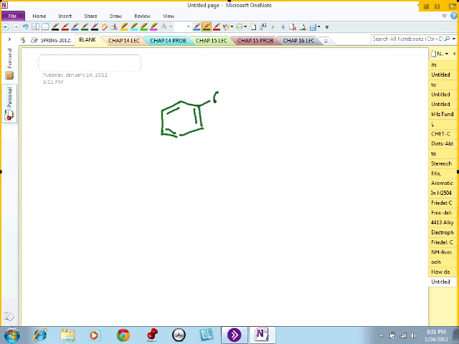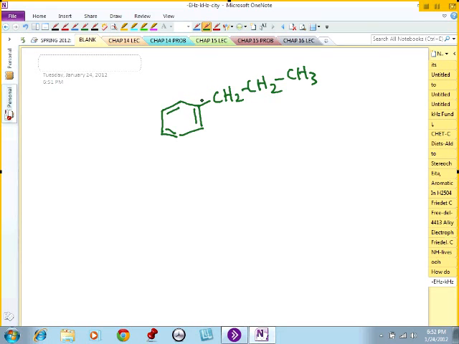The alkyl groups are the only ortho-para directors that we know of, at least that you know of right now, that do not have non-bonding pairs of electrons on the atom that is bonded to the ring system.